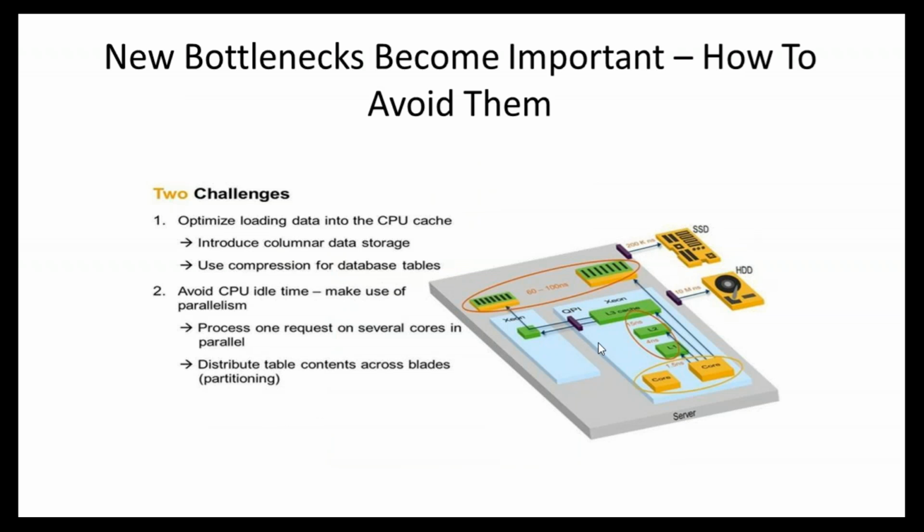Here, if you see, there are multiple cores. There are two challenges which have been addressed by SAP. First, optimize loading data into the CPU cache, and second, avoid CPU idle time by making use of parallelism.